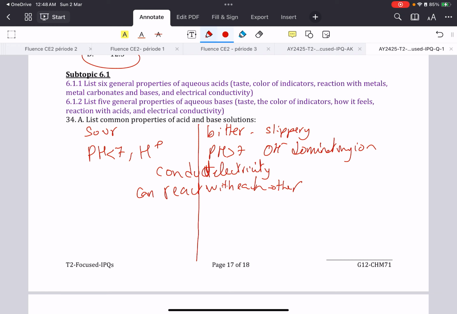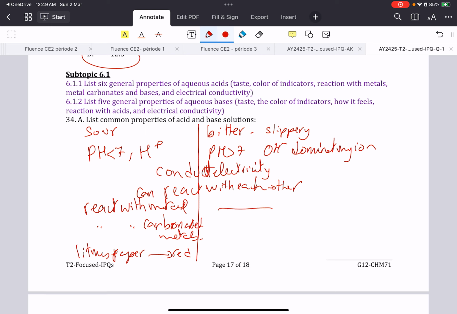Only acid reacts with metal, and reacts with carbonate metals. I mentioned it, it can react with metal. What else? It changes litmus paper to red, and changes methyl orange also to red, colorless with phenolphthalein.